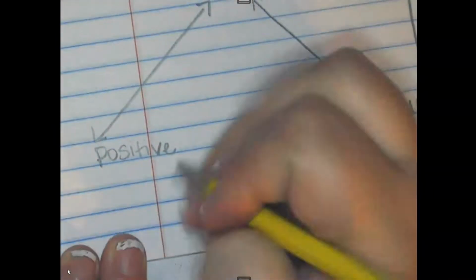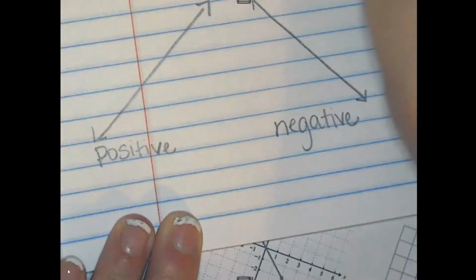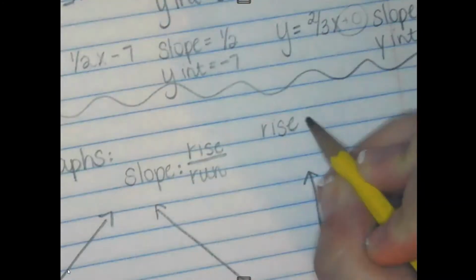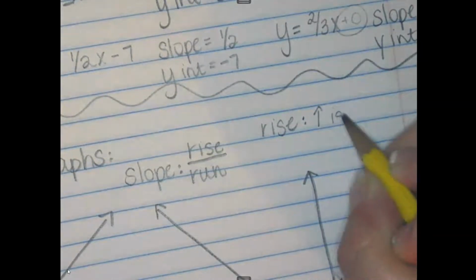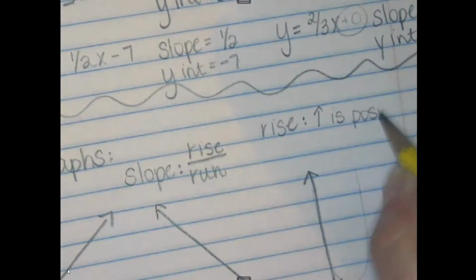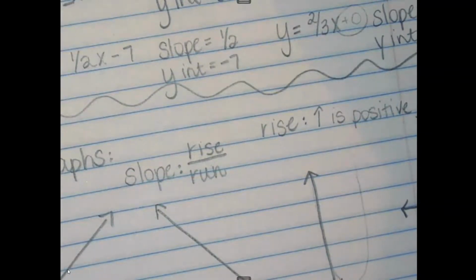So I'm going to come back to page 27 real quick. I want to make a note. For our rise, oh, you can't see that. Up is positive. Down is negative.